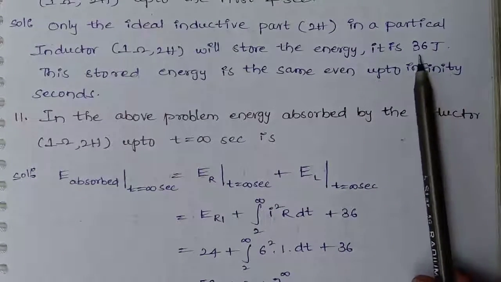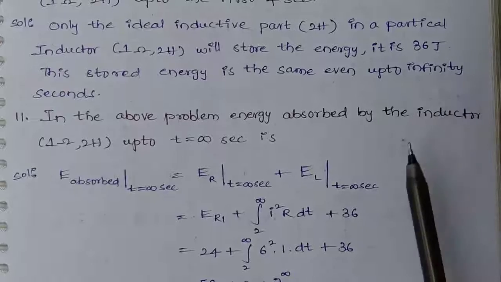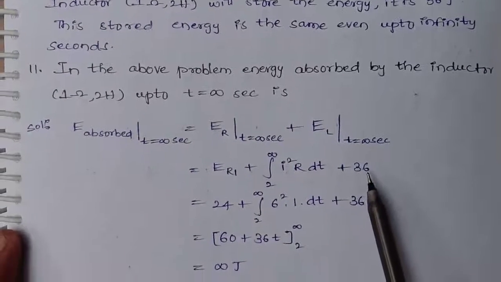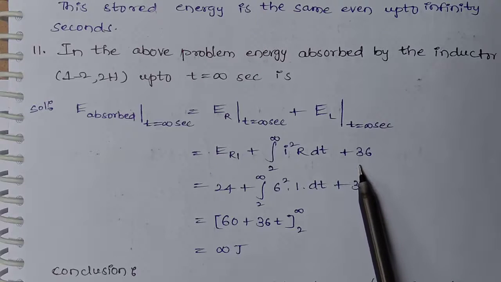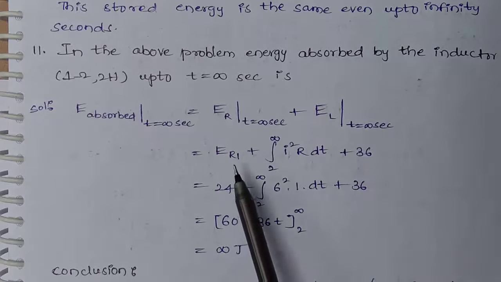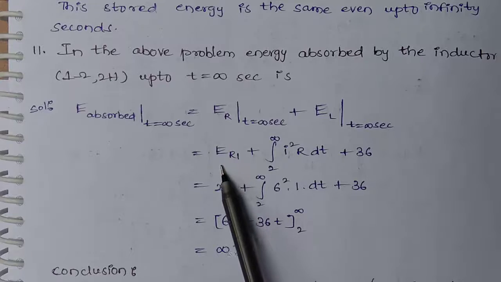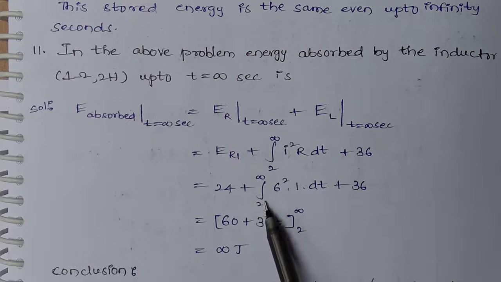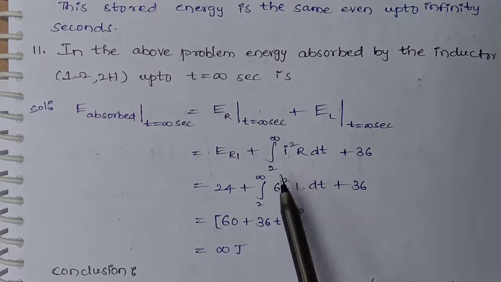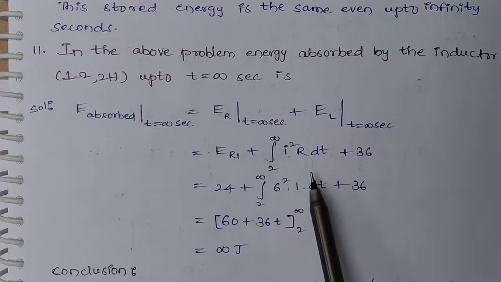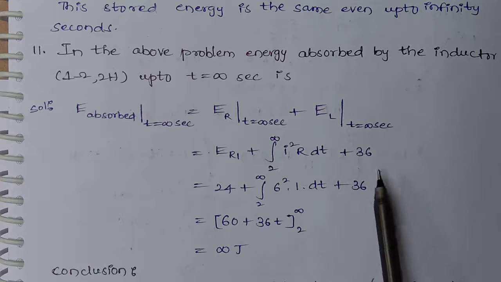This is 36 joules up to infinity only. Up to infinity the inductive part is going to absorb the energy as 36 joules only. So in the previous lecture we already solved ER1 as 24 joules, plus integration 2 to infinity. From 2 to infinity the current is going to become constant, that is 6 square into resistance 1 ohm into dt, plus 36.